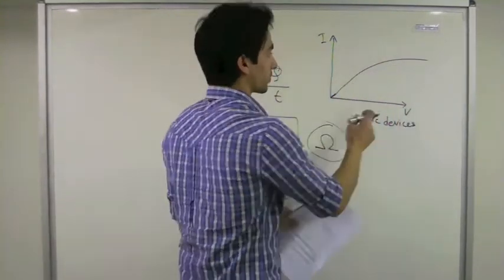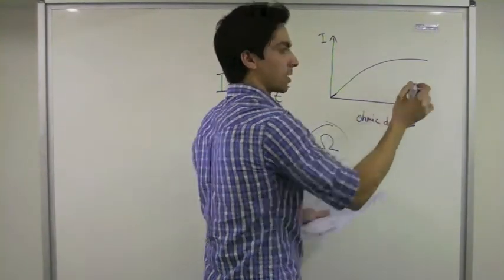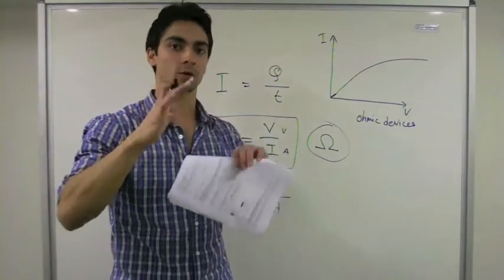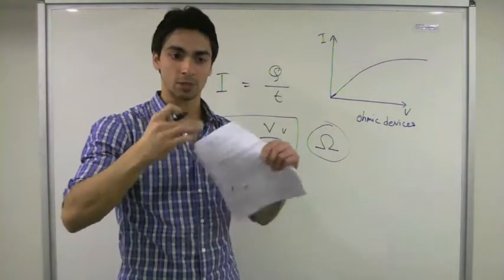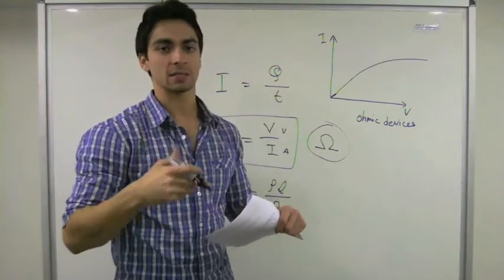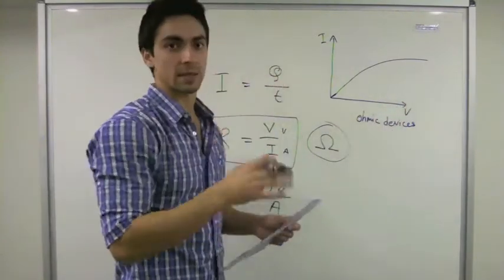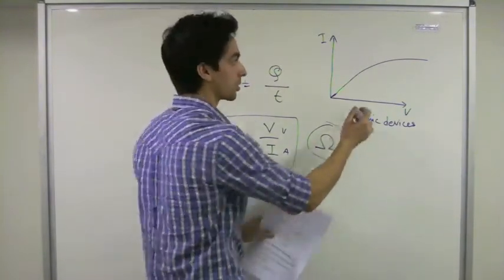Why? Because as my potential difference increases, my resistance should increase. Why? Because when the potential difference across a filament lamp, which is just a bulb, increases, the temperature will increase, and therefore high temperature always means higher resistance. Well, not always, but in this case, most conductors like this would have a higher resistance with high temperature.